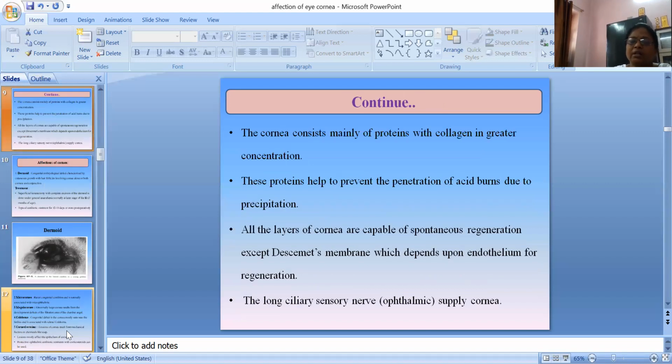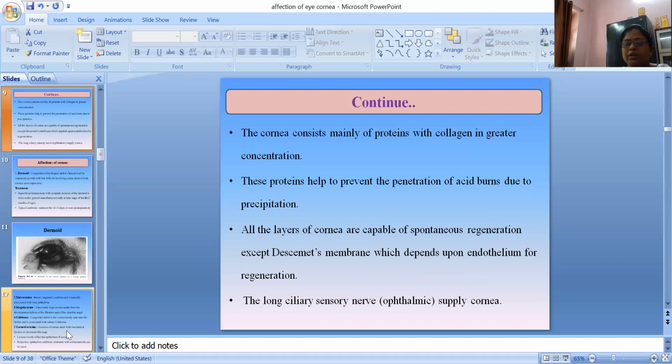The cornea consists mainly of proteins, with collagen in greater concentration. These proteins help to prevent the penetration of acid bonds due to precipitation. So there is a major role of proteins during acid bonds.